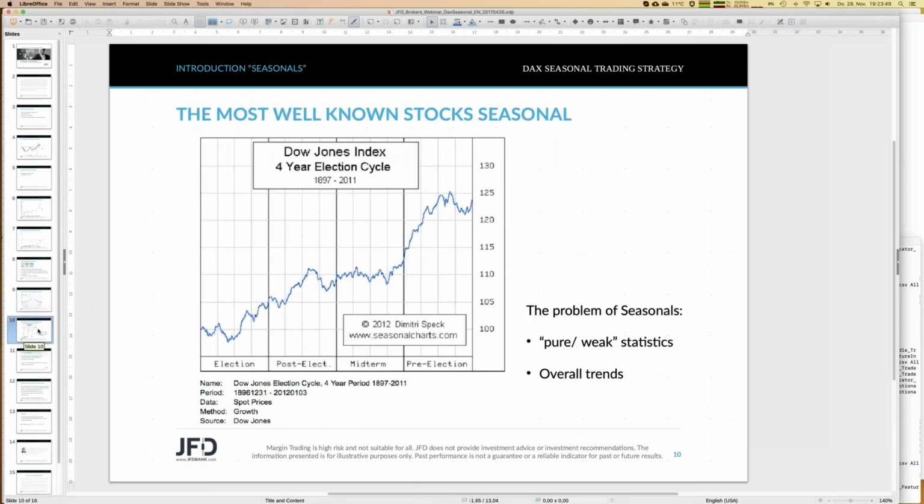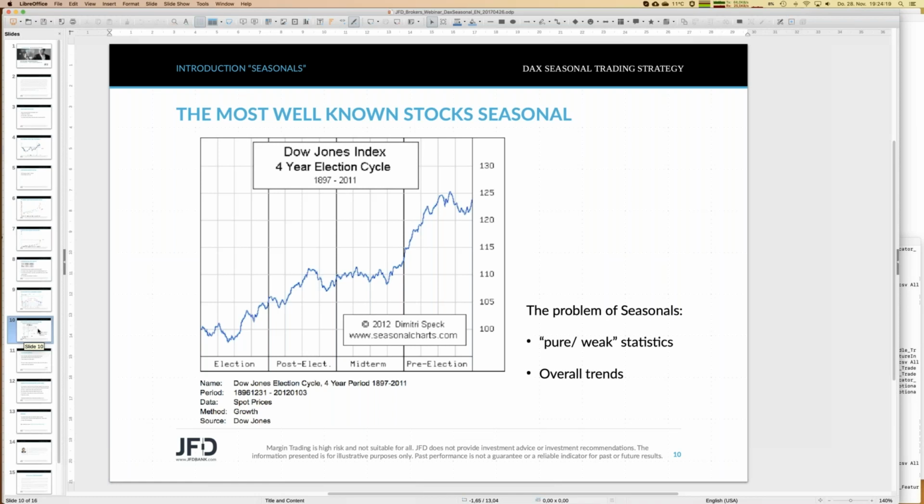I think that's the most well-known stock seasonal, and you might have heard about that as well. It's called the so-called 4-year election cycle. For, in this case, it's Dow Jones. The Dow Jones is quite interesting for long-term consideration because we have data for more than 100 years for the Dow Jones.